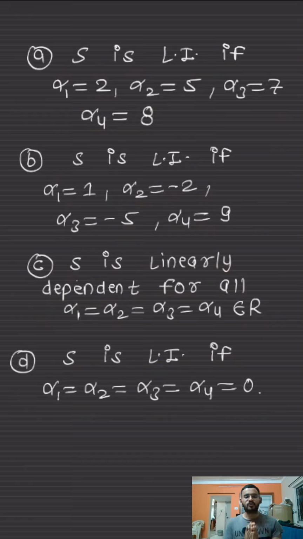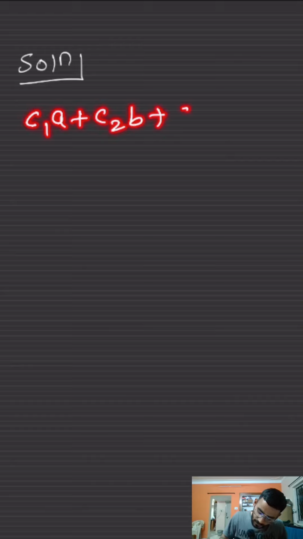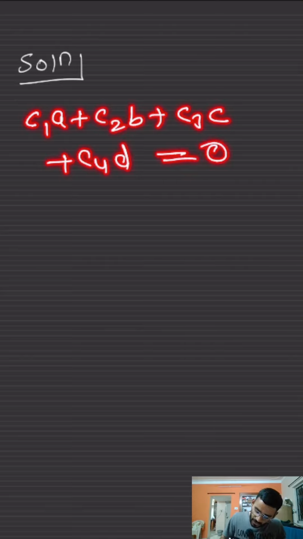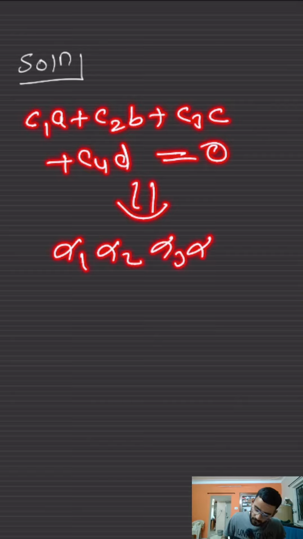What most people will do is directly jump into the calculation of linear combination. That is, they'll take the linear combination of A, C1A plus C2B plus C3C plus C4D, set it to 0 and try to find the values of alpha 1, alpha 2, alpha 3 and alpha 4, and simply waste their time.